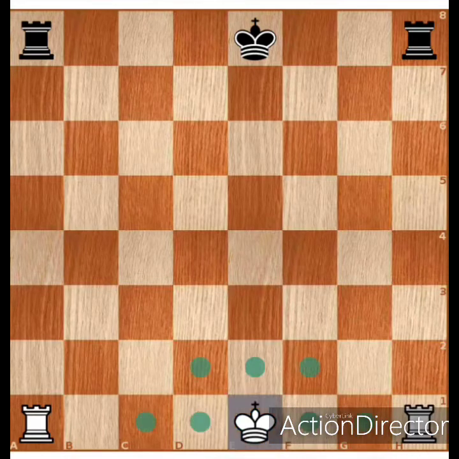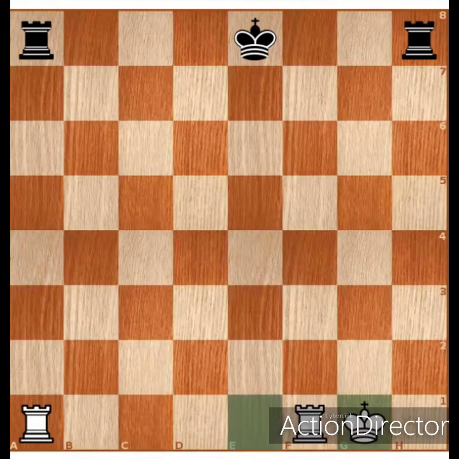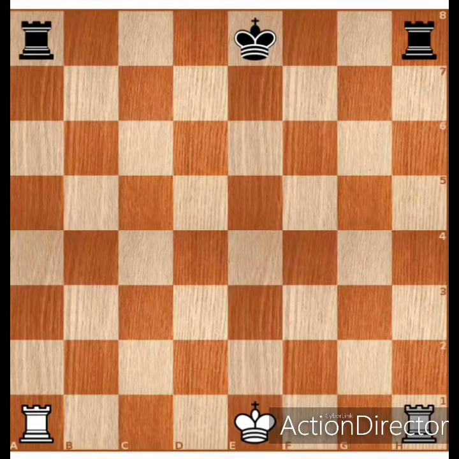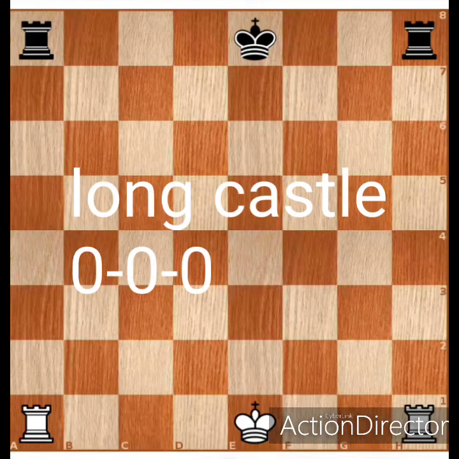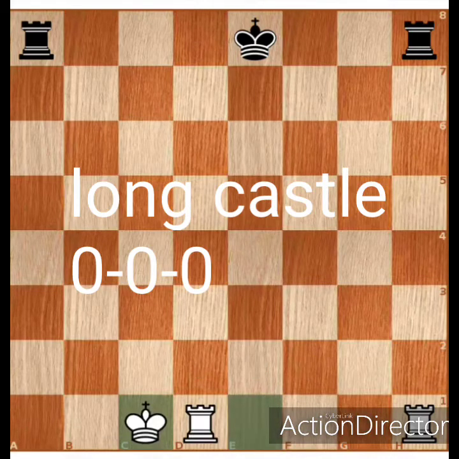That is called castling. You can see that is the castle. The king moves 2 squares and the rook comes behind it. Now you can see on the left-hand side there are 3 squares between king and rook. If you go to the left, that is called the long side castle, denoted by 0-0-0.